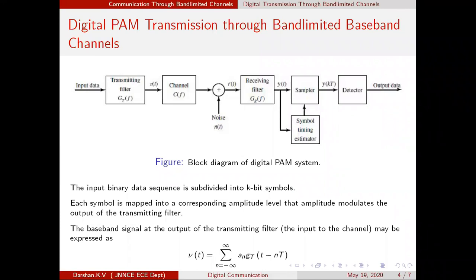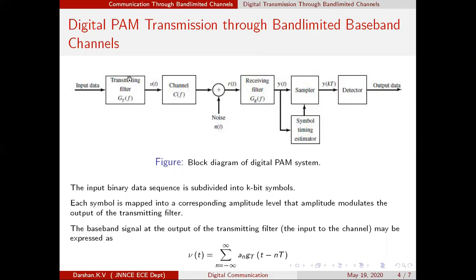It keeps on generating symbols every T seconds. After every T seconds, it generates one symbol. Therefore, we are using this sigma. Depending upon the time, it is going to generate the symbols, so we have used the limits minus infinity to plus infinity. It keeps on generating the symbols after every T seconds.